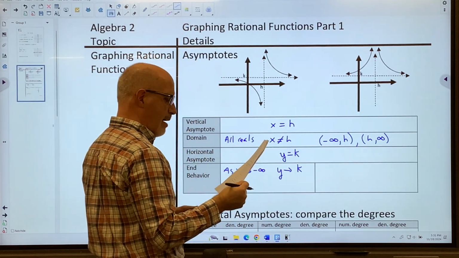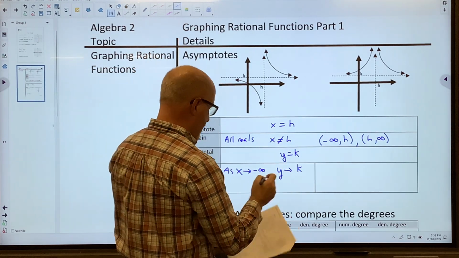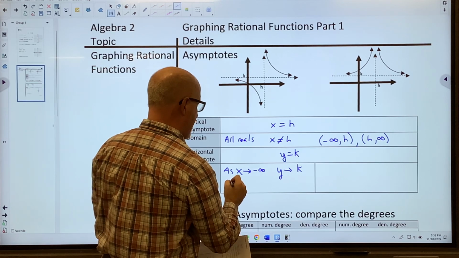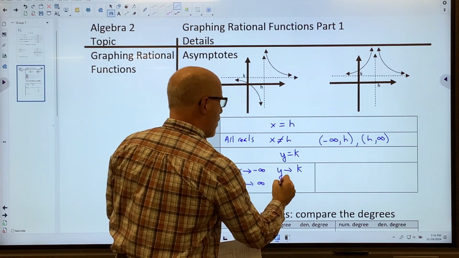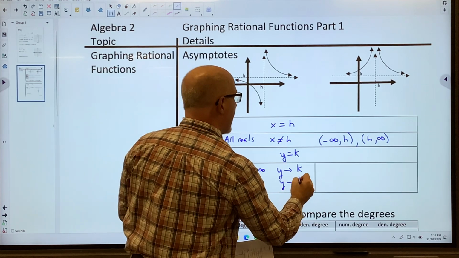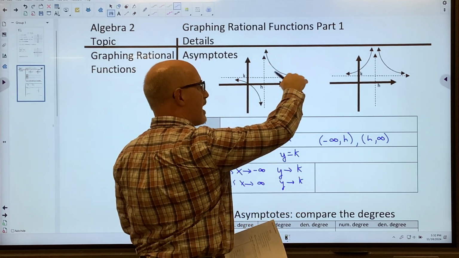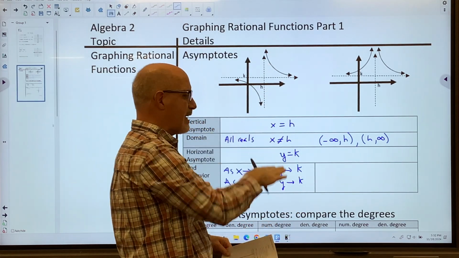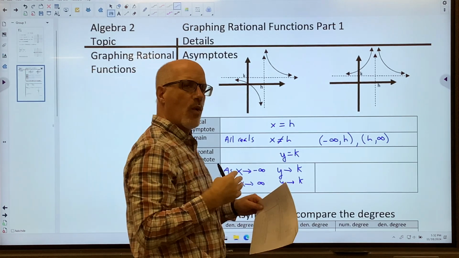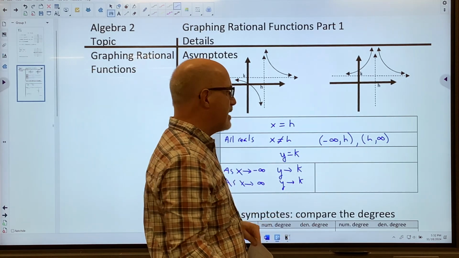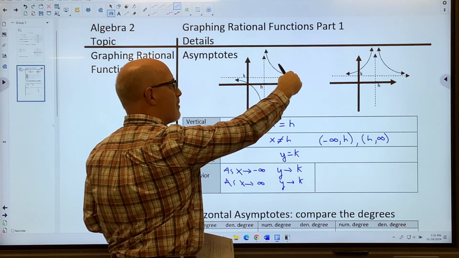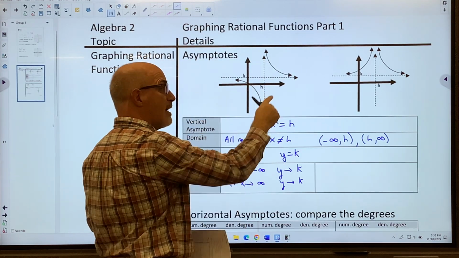The same thing happens with going to positive infinity. As x goes to positive infinity, y is going to get close to k. Now this time from the top side, but it doesn't actually get to k, but end behavior is what are you going to? And this is getting infinitely close to k on the top side here, on the bottom side here.